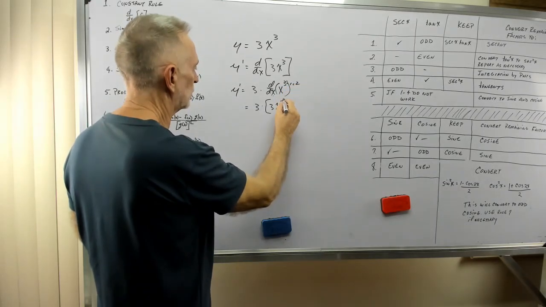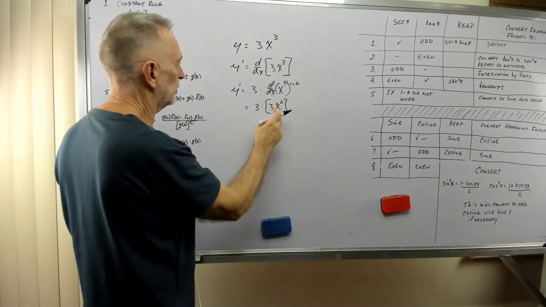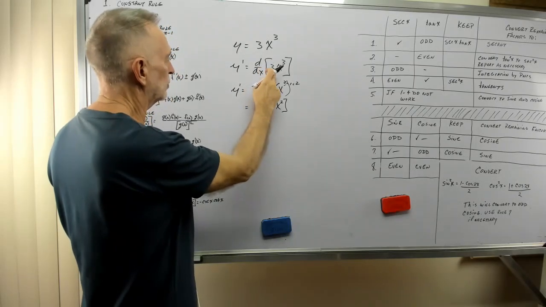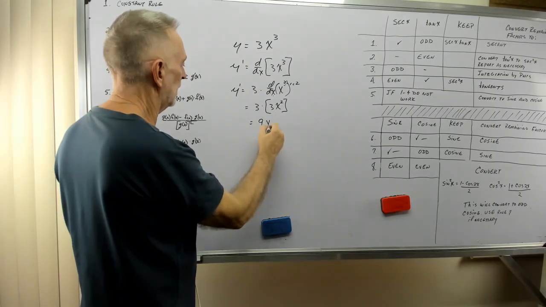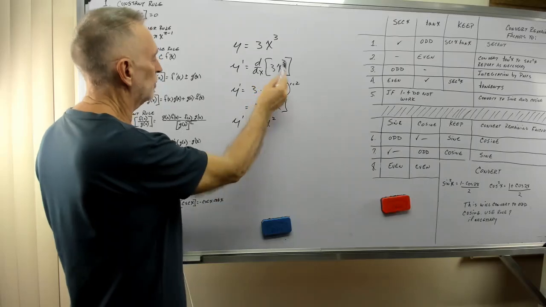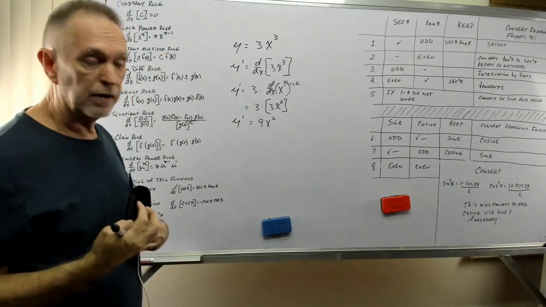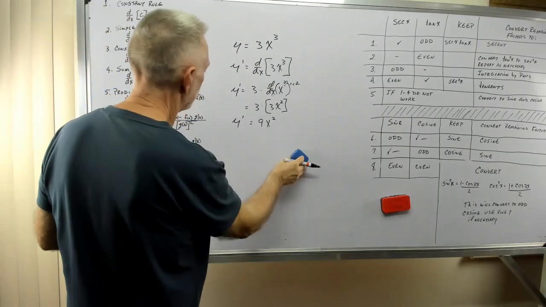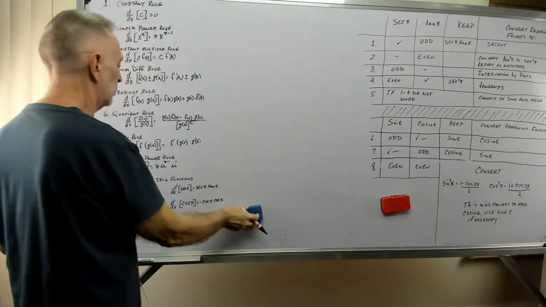So 3x squared, that's the derivative of x cubed. But it's times the 3 I already had, this 3 that's out here. So now I have 9x squared would be the derivative of 3x cubed. So you can pull the constant out, and that helps simplify things to a degree. Okay? That is the constant multiple rule.